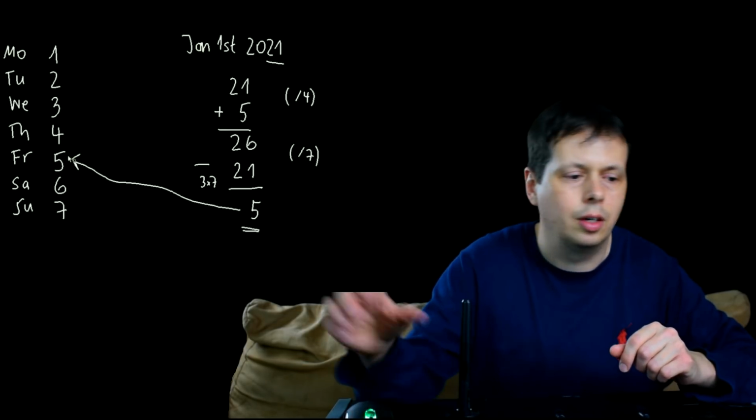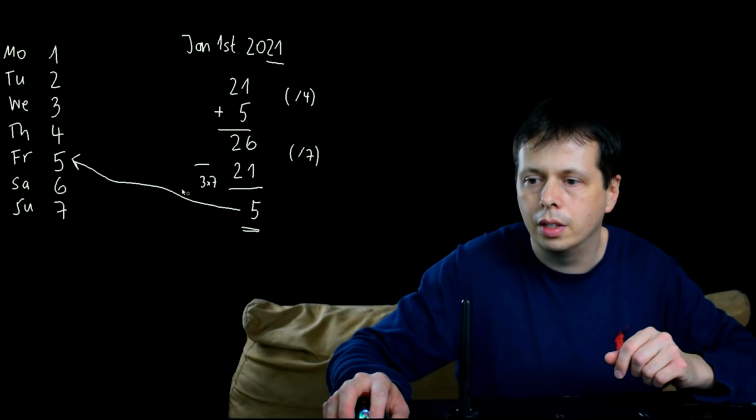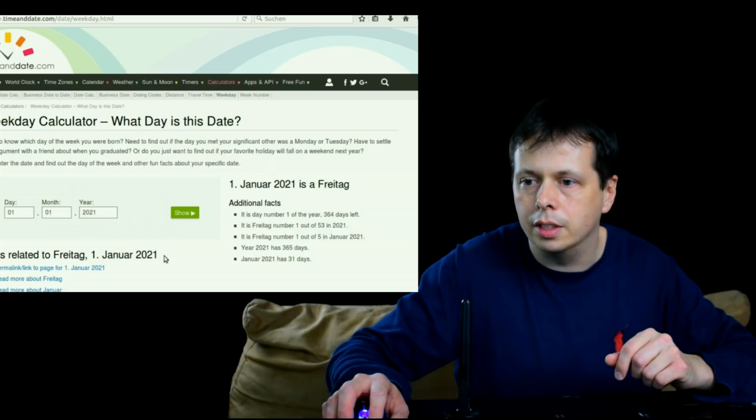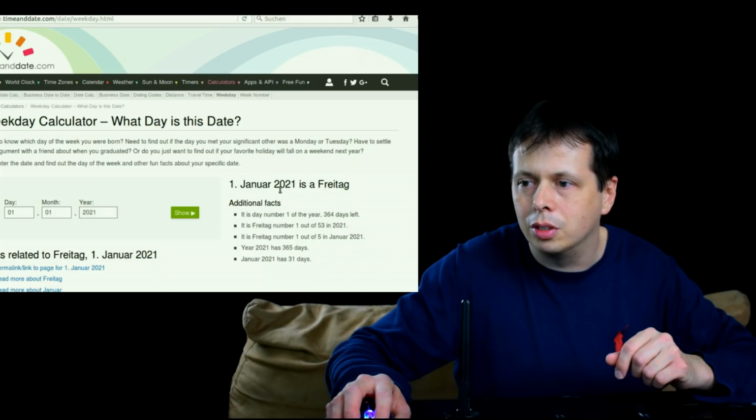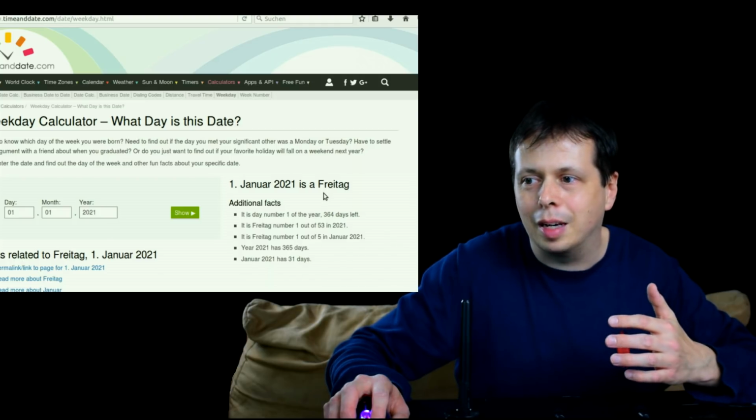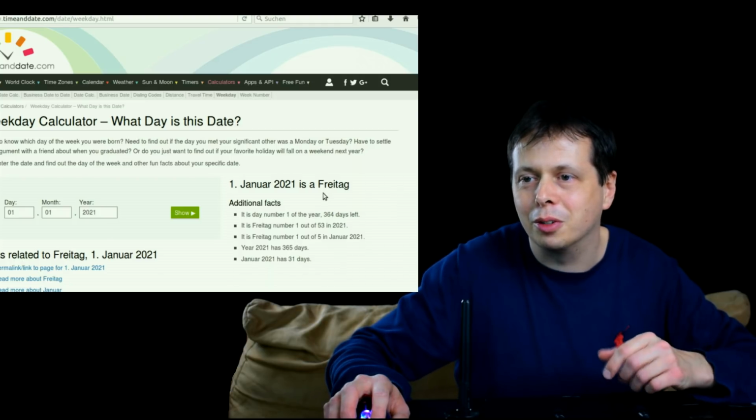And we can prove this on an internet site here, or website. 1st of January 2021. So it's a bit mixed up here with German and English, because I have the German operating system version.